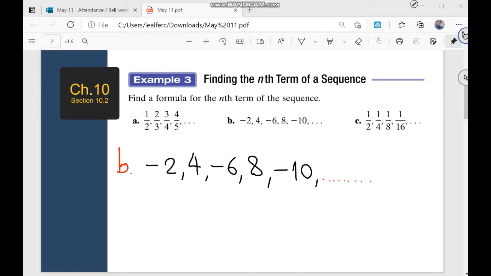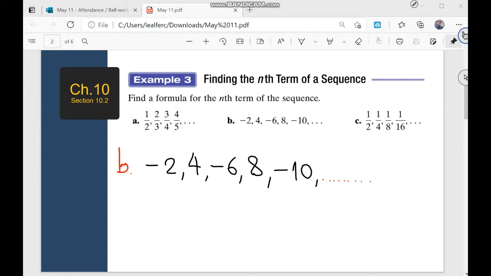Let me wait a couple of seconds to see if I got an answer. Someone wants to try? -2, 4, -6, 8, -10. What is the next one? Anyone who wants to guess, wants to try? What do you think is going to be the next term of this sequence?